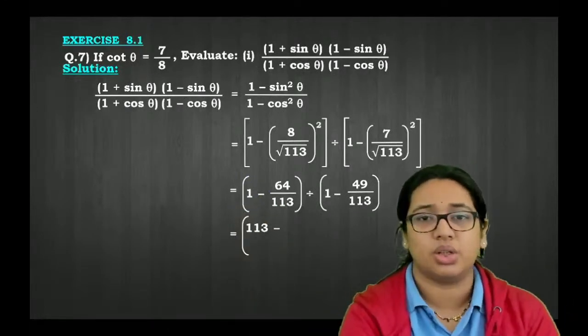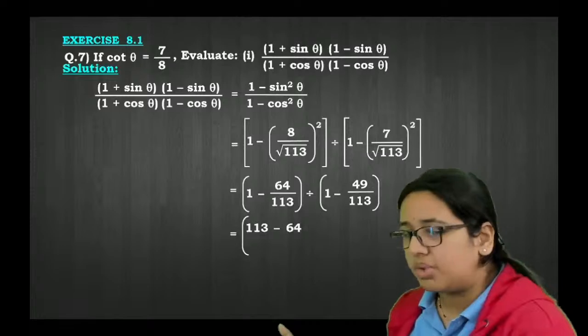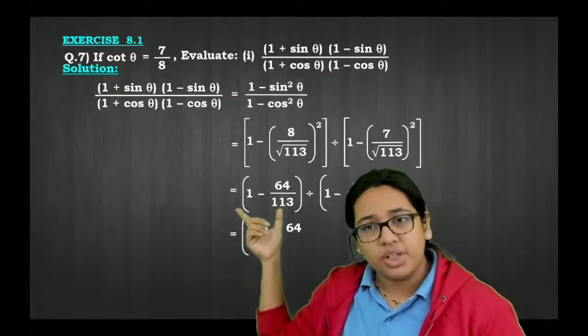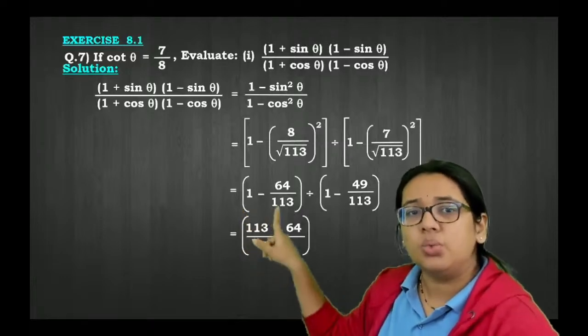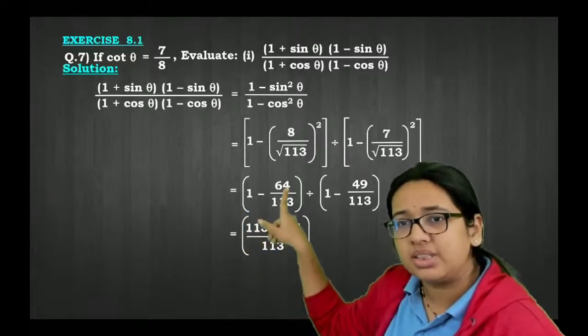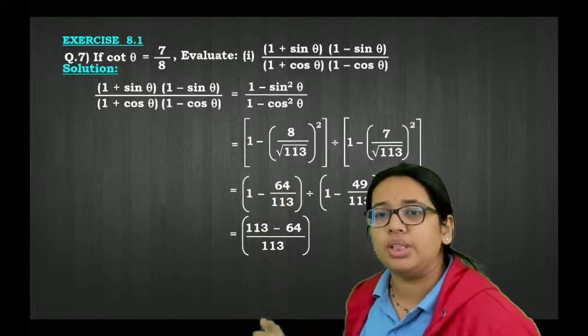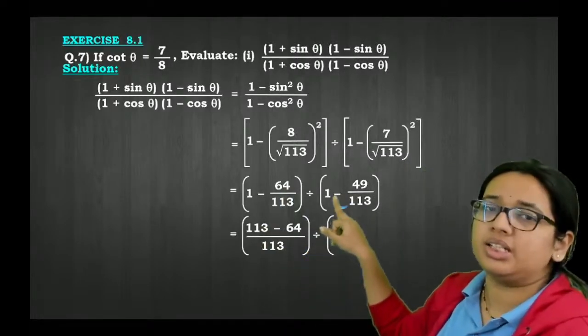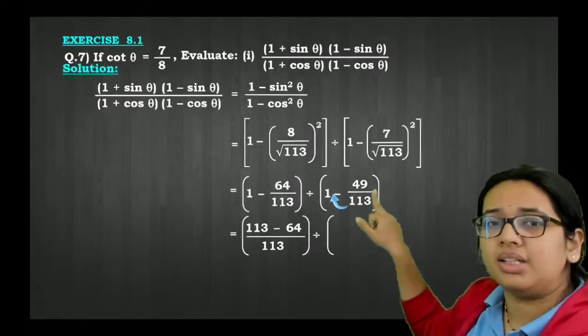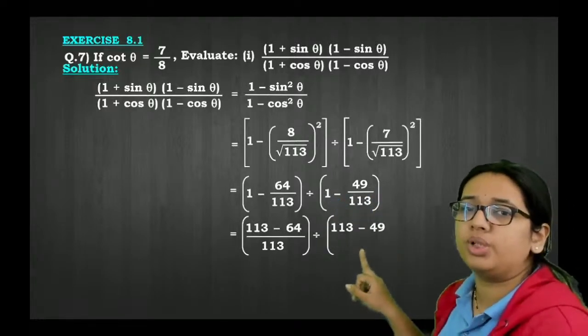There is a 1. So अगर आप denominator सबसे पहले consider करोगे, then the first bracket will give us value as 113 minus 64 divided by 113, right? Divided by same, इसके लिए अगर consider करोगे तो 113 minus 49 divided by 113.